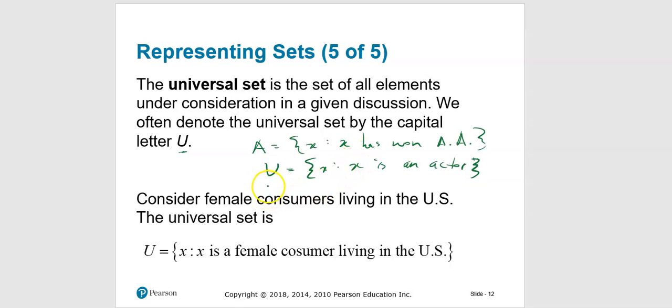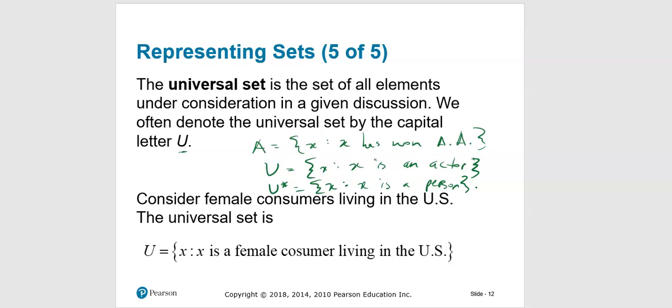We could even come up with, why not, a different universal set for this one, because the universal set here, since we didn't define it, of course, you can define, or else the universal set will be defined for you in each different kind of circumstance so that we're not trying to guess. But also, what about the set of all x such that x is just a person? Because any person at all is liable to win an Academy Award.